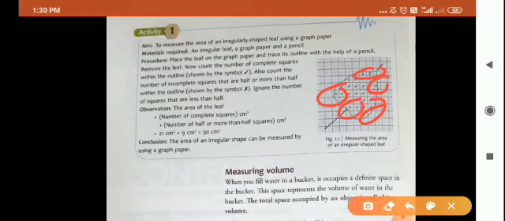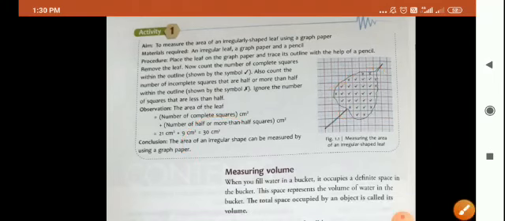So the addition of both the counts will give you the area of the irregularly shaped leaf, that is 30 centimeter square. Okay. So children, I think it is clear to you. Suppose you have to find the area of an irregularly shaped object, if you take a leaf as your irregular shaped object.